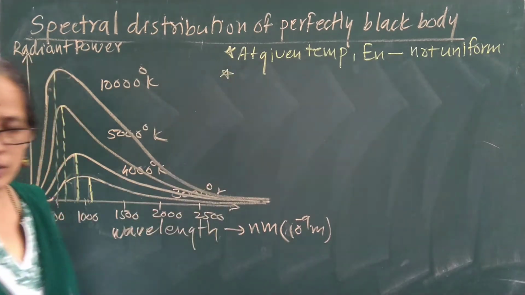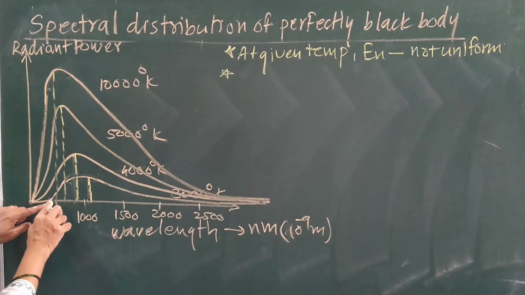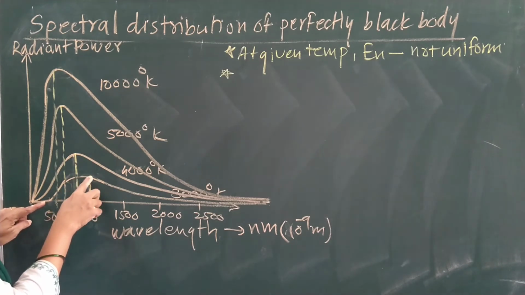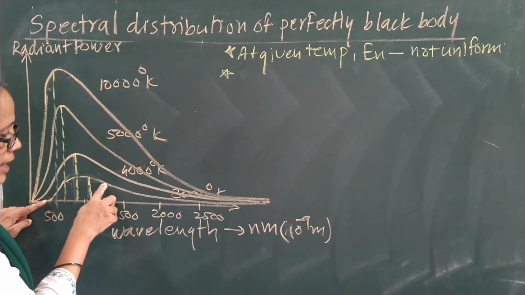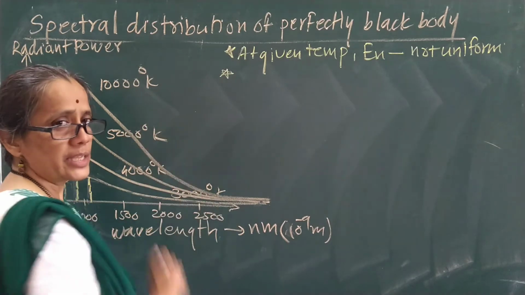What is our second conclusion? Now I can go for the second conclusion. At a given temperature, initially your radiated power will go on increasing. It reaches some peak value, and then slowly, exponentially, it will go on decreasing. So that is my second conclusion.